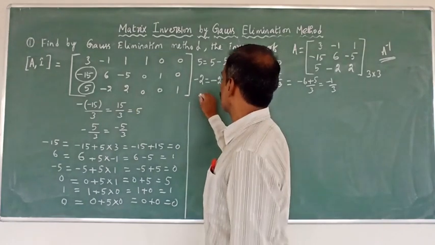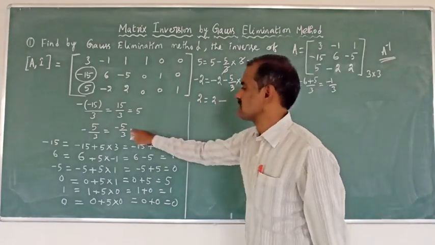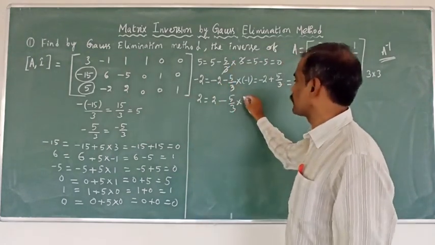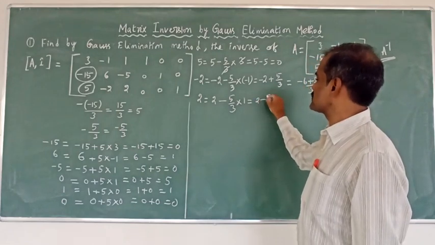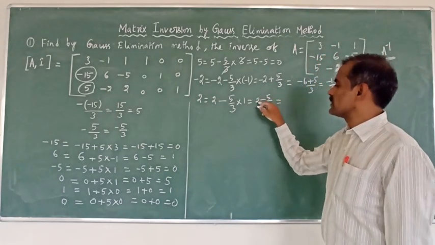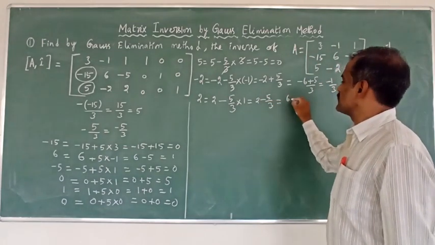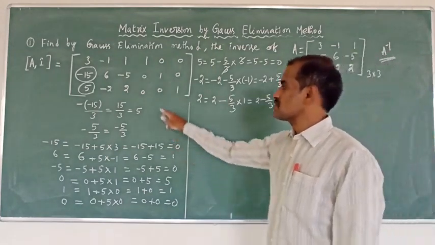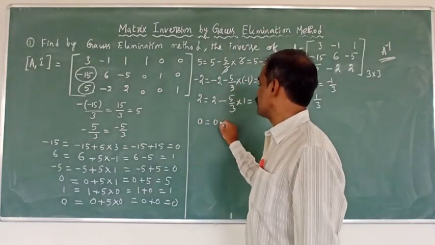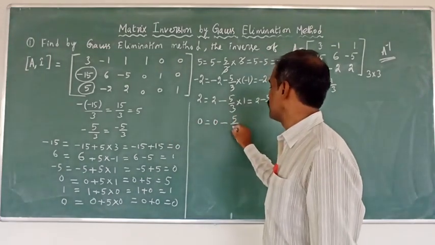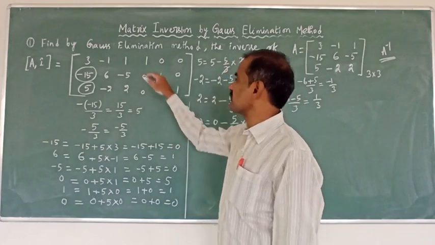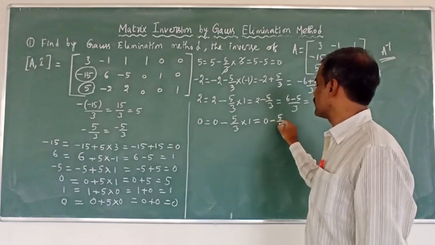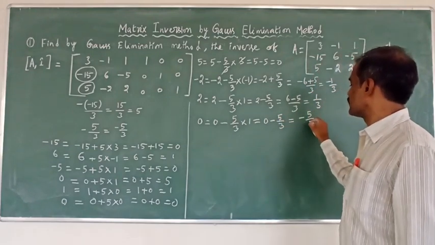Next, 2 equals 2 minus 5 by 3 into corresponding value R1 1. 2 minus 5 by 3 equals, we can cross multiply, 6 minus 5 divided by 3 equals 1 divided by 3. Next, 0 minus 5 by 3 into corresponding value R1 1 equals 0 minus 5 by 3 equals minus 5 by 3.